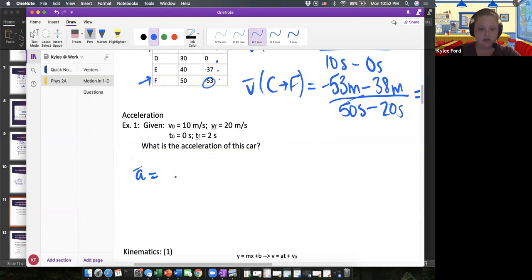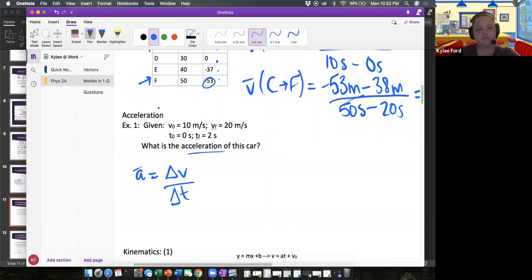In this example, it looks like we're going to be calculating acceleration of a car. So I want to know how to calculate acceleration. Acceleration is going to be our change in velocity, as we said before, over a change in time.